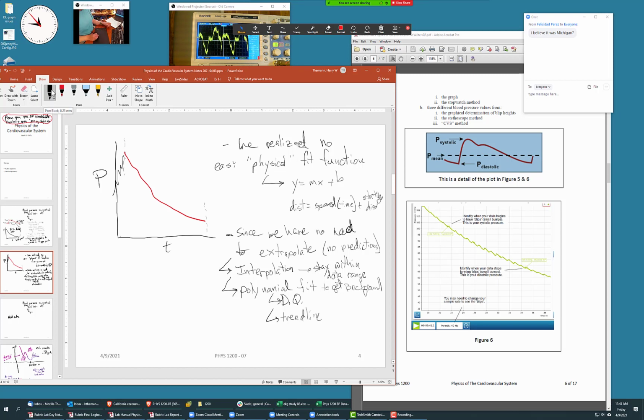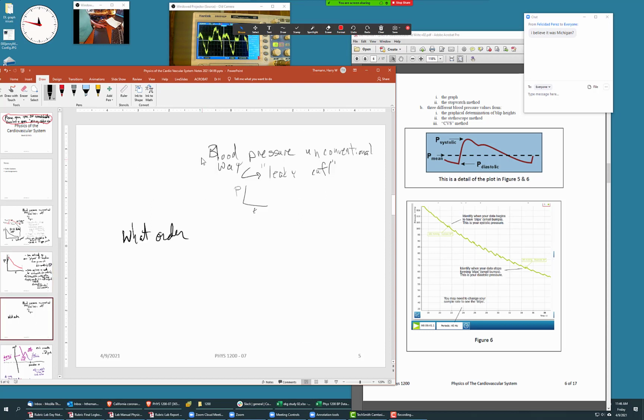The trend line determines what order polynomial, and it gives us the seed numbers. As always, yell at me if you need me to go back.